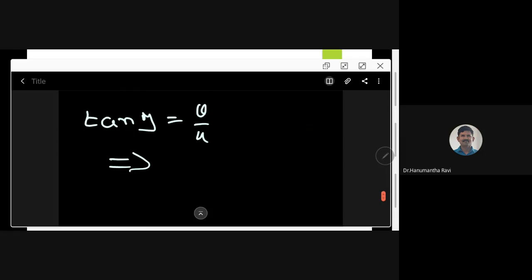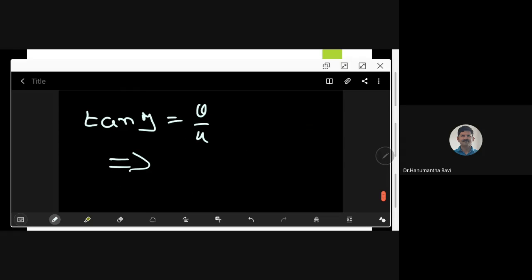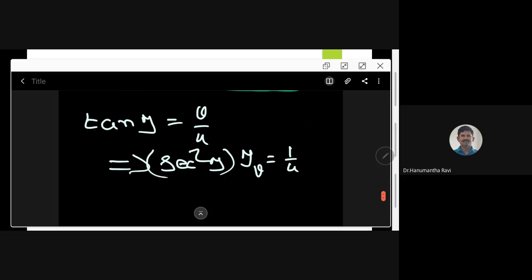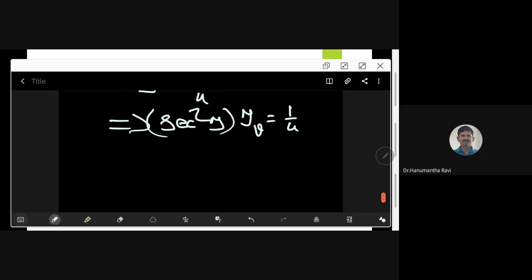Now with respect to v. So secant square y into yv is equal to, applying the chain rule, 1 by u. So this implies yv, dou y dou v, is equal to 1 by u secant square y.